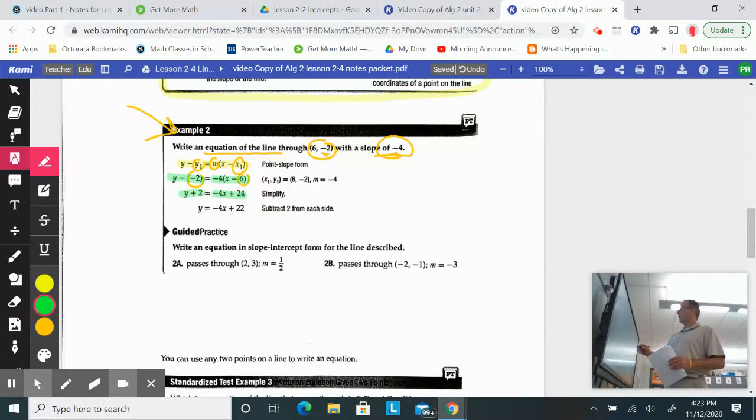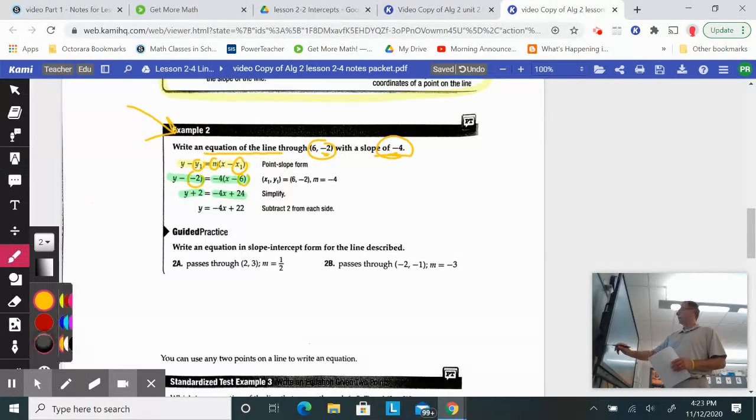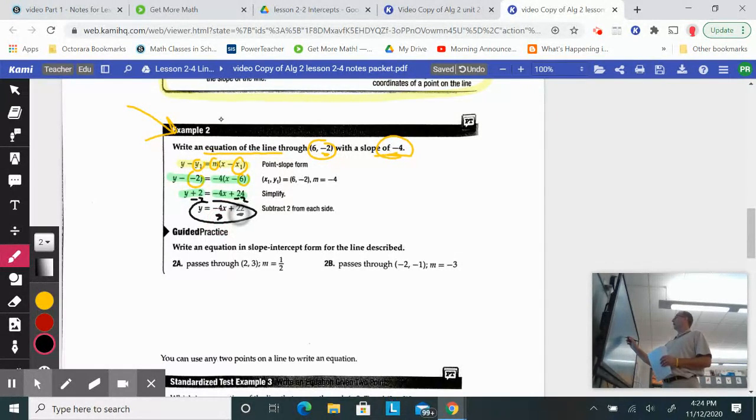But to go to slope intercept form, you want to solve for y. So all we did here was subtract 2 from both sides, and you end up with y equals negative 4x plus 22. Slope is negative 4, and this ends up being the y-intercept, which we didn't know before. All we knew was one point and the slope. Now we found out what the y-intercept would be also.